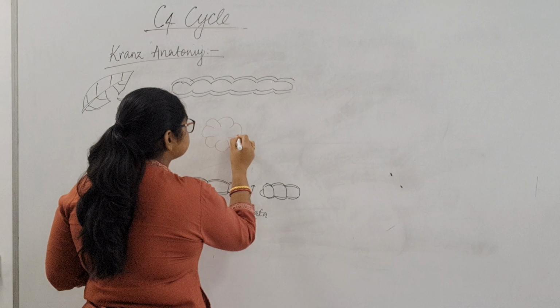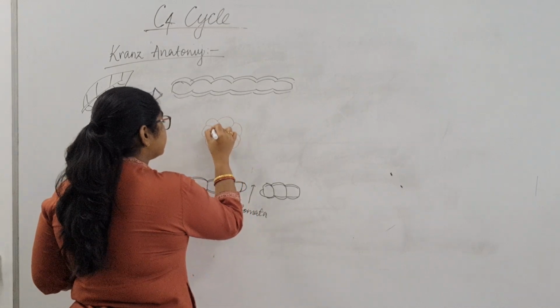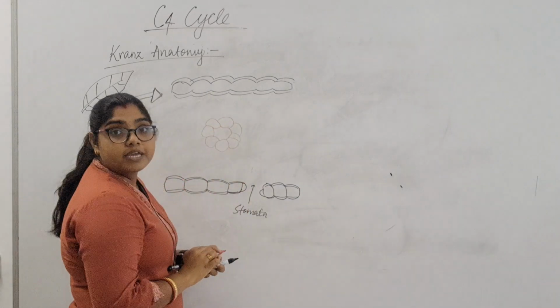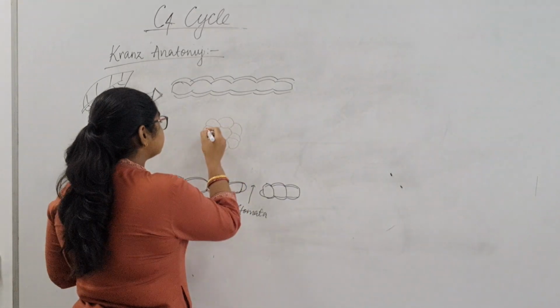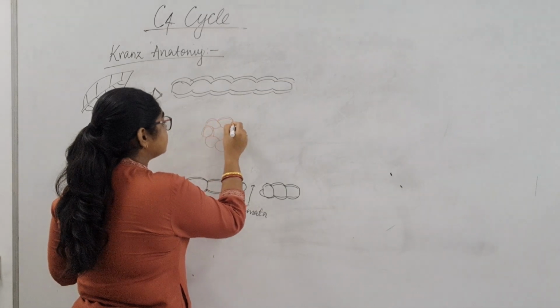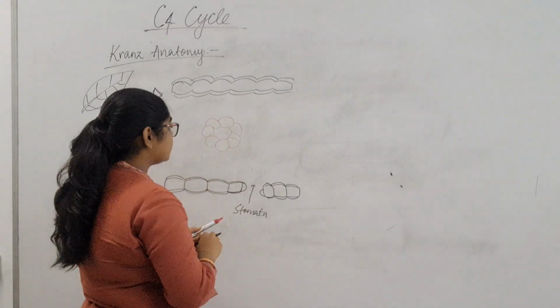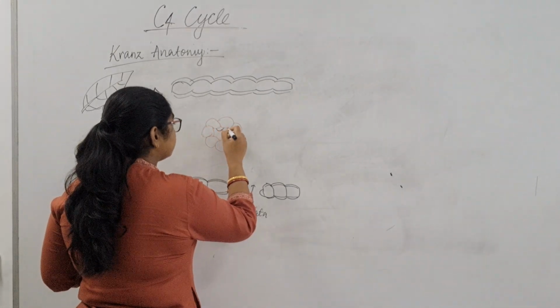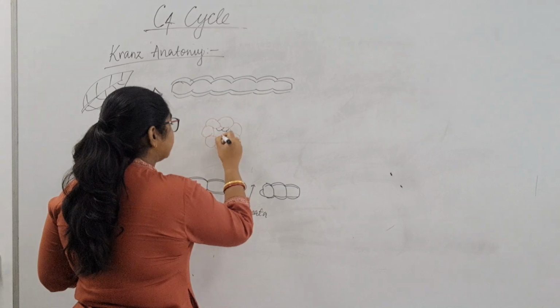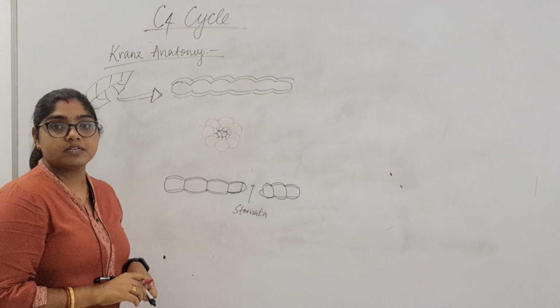The vascular bundle is surrounded by a ring of cells which is known as the bundle sheath. So these are the ring of cells, known as the bundle sheath cells. So these are the vascular bundles, xylem and phloem, and this is the ring of bundle sheath cells.